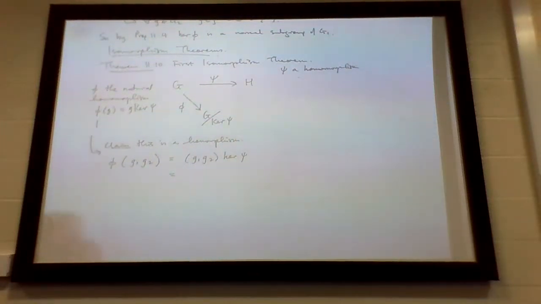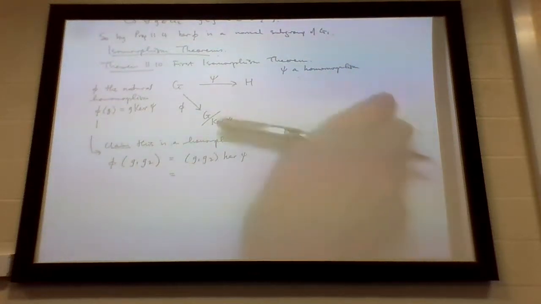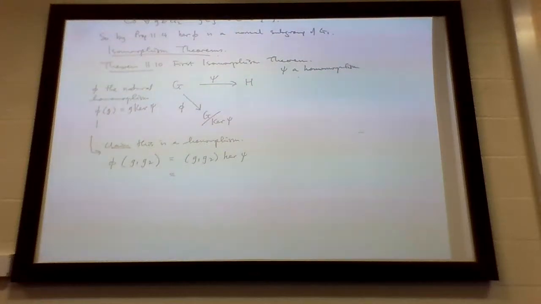How did you define the group operation in the factor group? How do you multiply together two left cosets, g1 times the normal subgroup, times g2 times the normal subgroup? By definition, it's the coset generated by the product of the representatives.